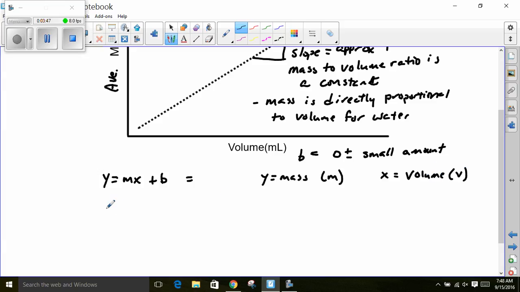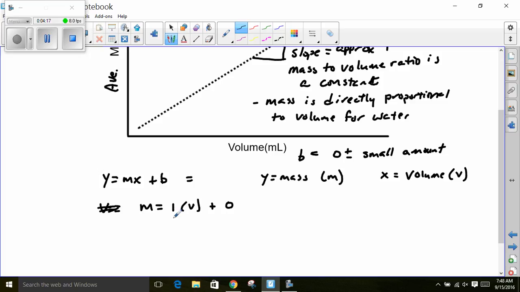So that becomes mass equals the slope, which was, remember, around 1, times volume plus a y-intercept, which was around 0.